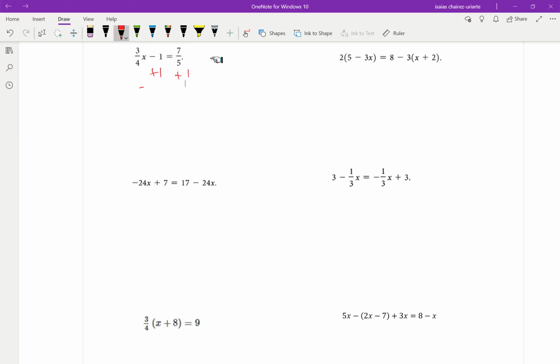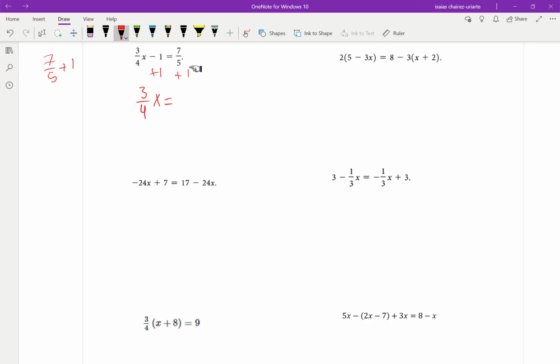Okay, so then I have 3/4 x is equal to, and now I have to think, 7/5 plus 1. How do I make that happen? Let me do it over here on the margin. So 7/5 plus 1. Turns out I need a common denominator to add fractions.